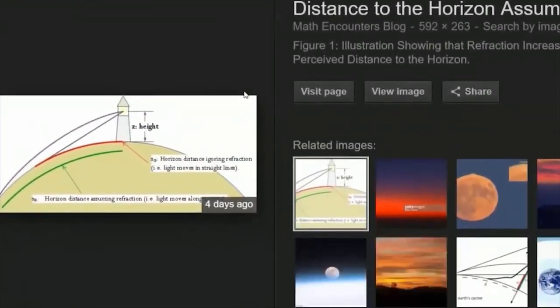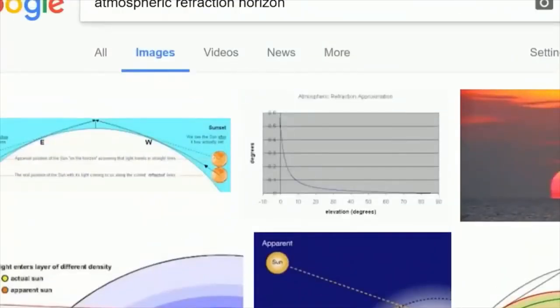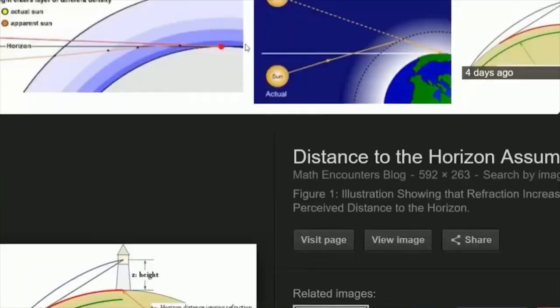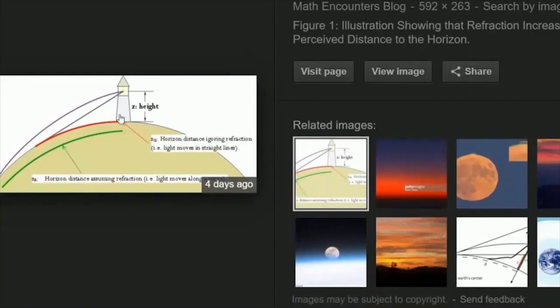And you can just go into Google Image and type in atmospheric refraction horizon. This is the particular crude image I picked to alter.